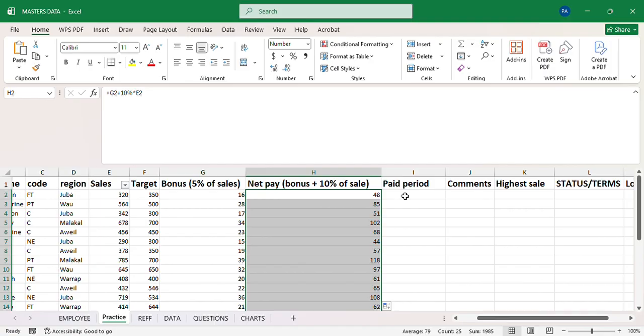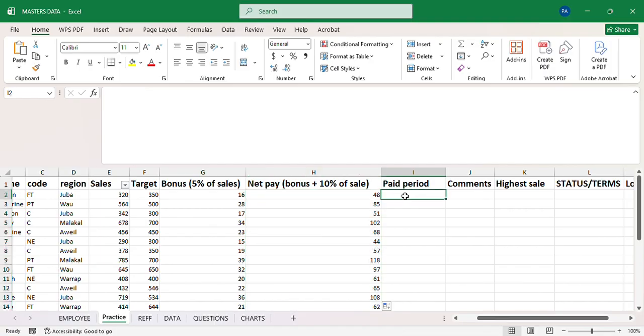And then the paid period. How are we supposed to know this person is paid monthly, this person is paid weekly? Remember, if you look here, there are employees that are full contract, there are employees that are casual, and there are employees that are part-time. Are we supposed to know all this?